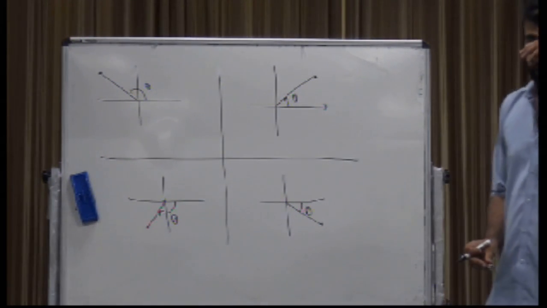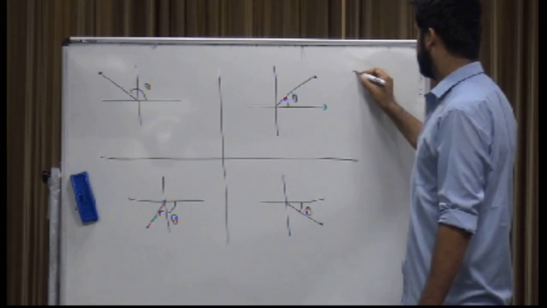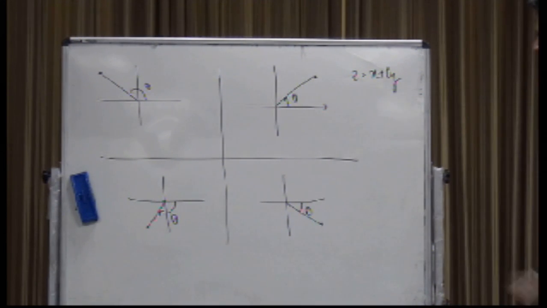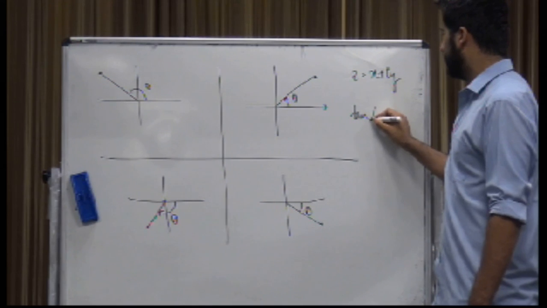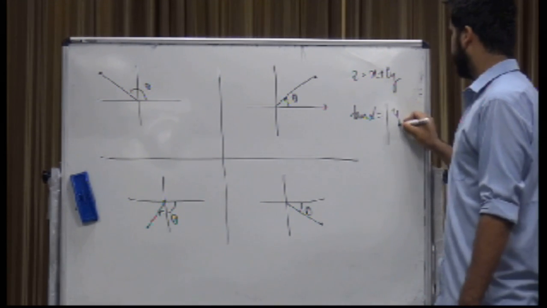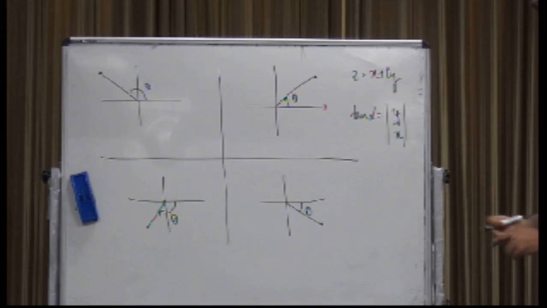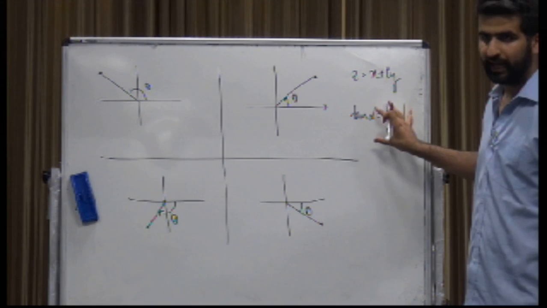So whenever you are given a complex number like z equal to x plus iy, you need to calculate the value of tan alpha equal to mod y upon x. What do I mean by this? You have to calculate the acute angle alpha, right?